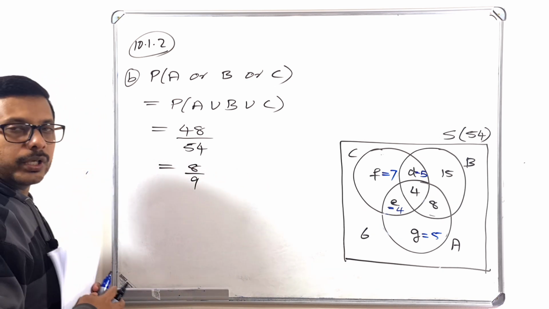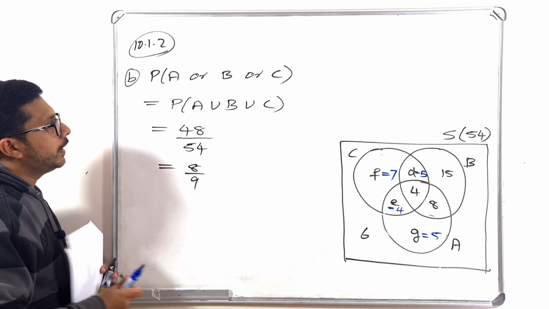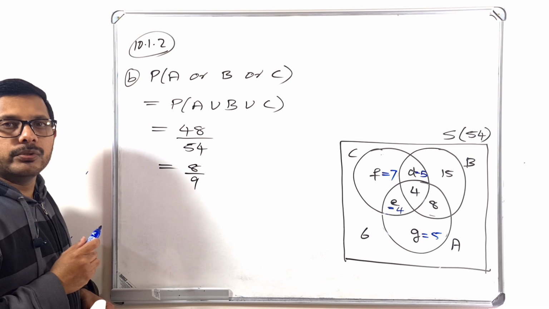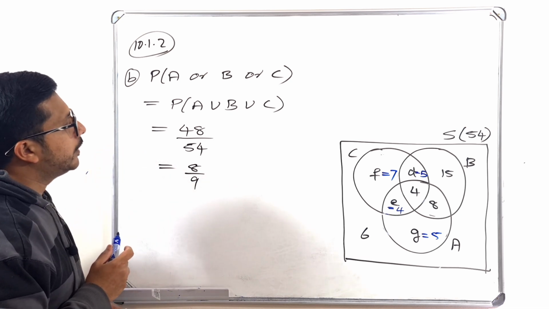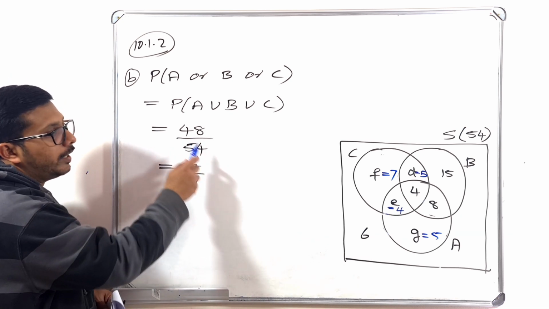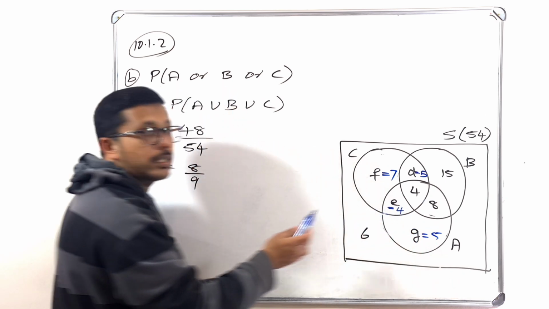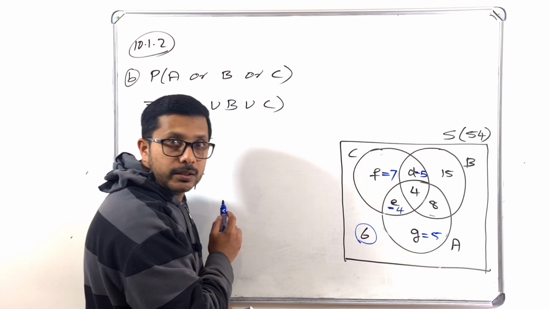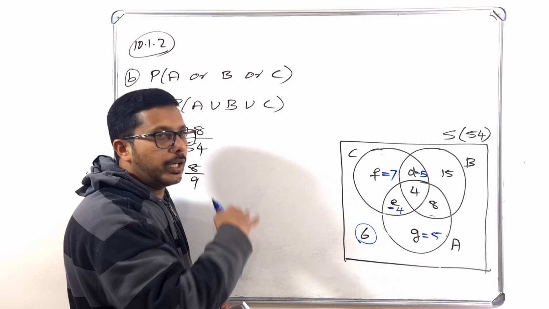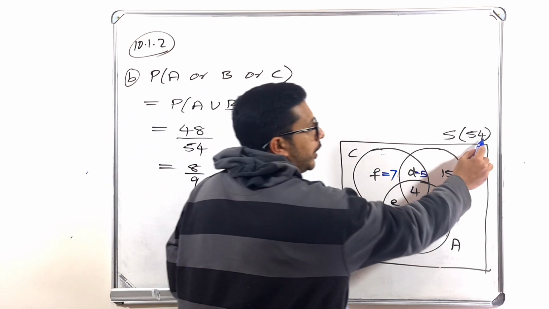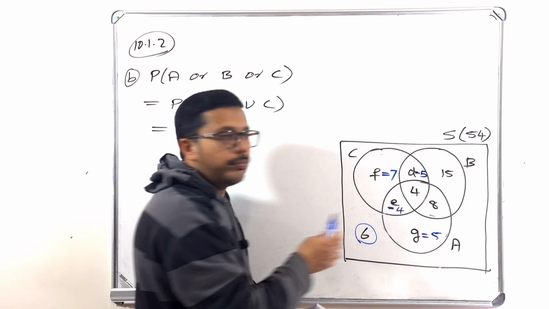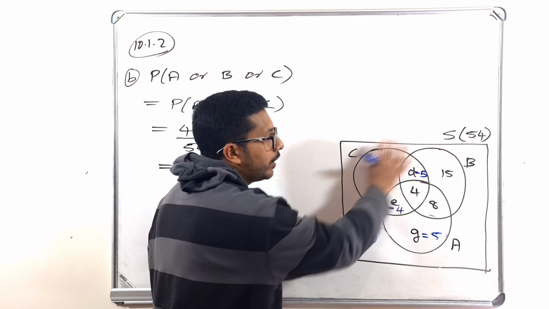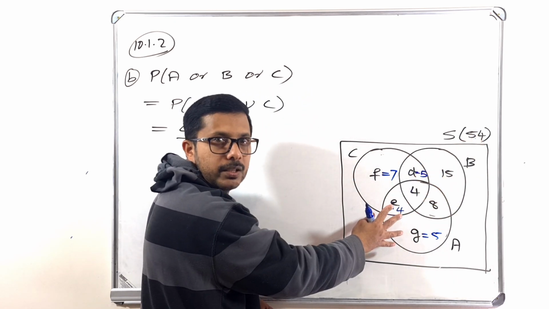The same question you can do like this also, guys. Here probability of A union B union C. Actually, without adding all these numbers, this is what I did quickly. Only 6 is outside the ABC. Total how many? 54. If you subtract 54 minus 6, you will get the remaining numbers, that is 48.